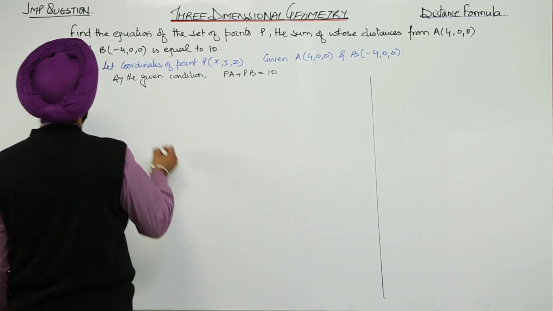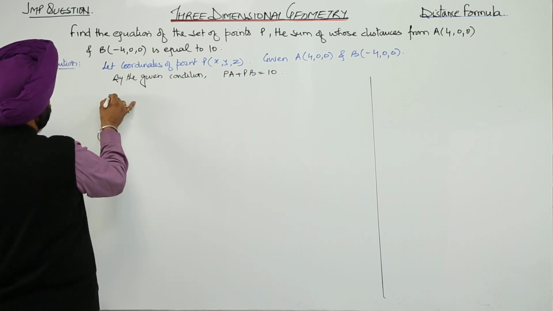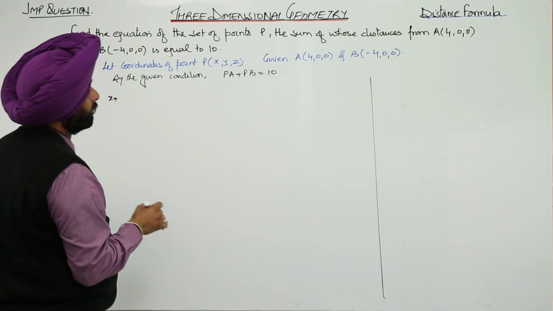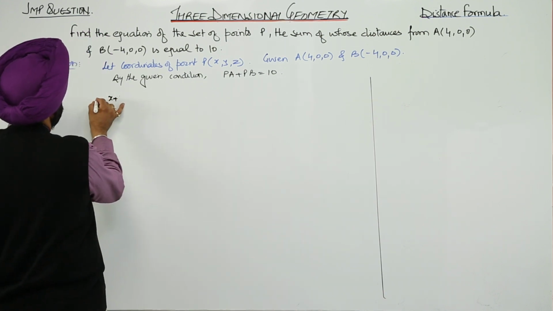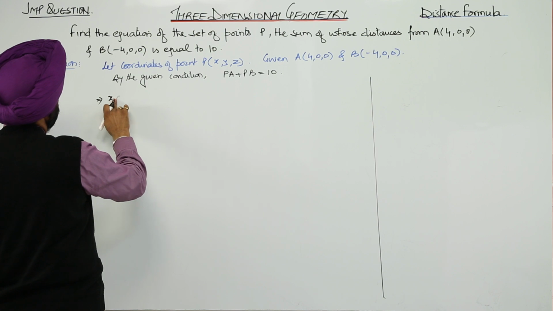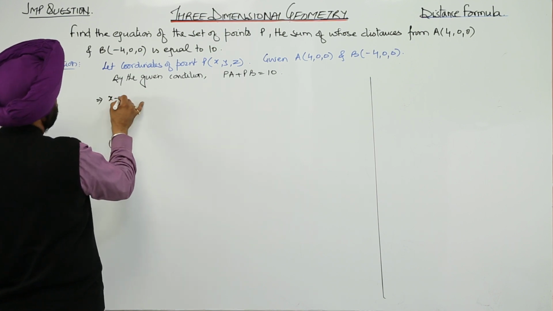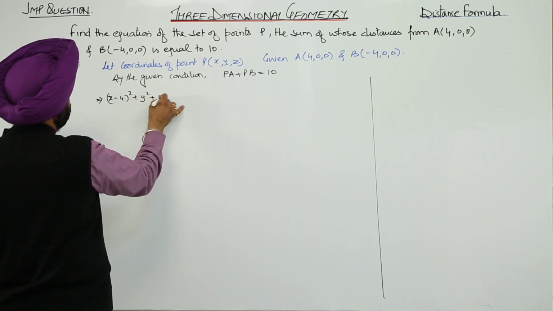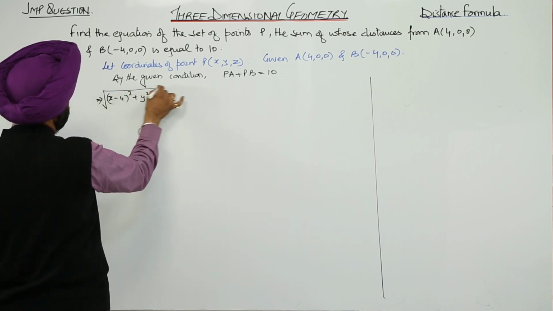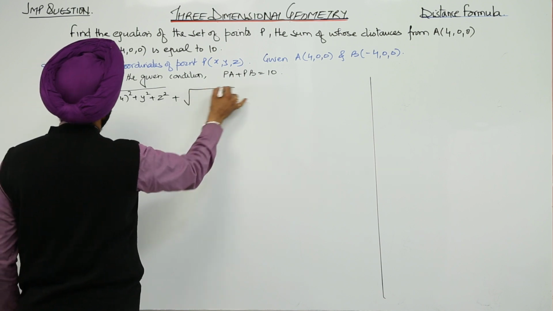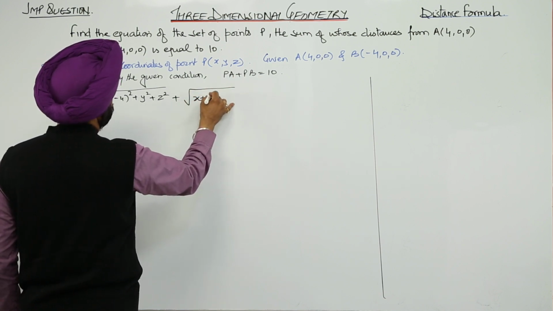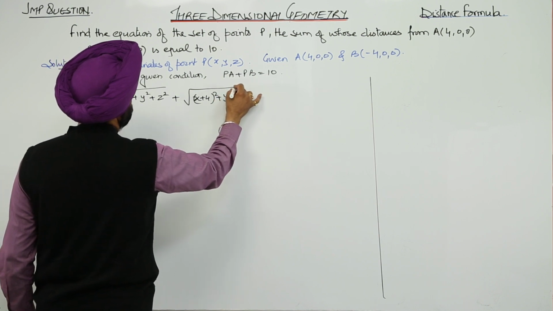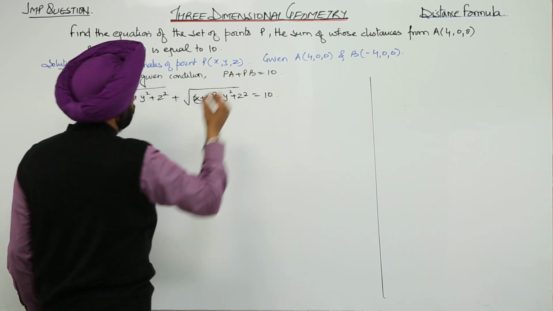Now using distance formula, we have the square root of (x minus 4) whole square plus y square plus z square, plus the square root of (x plus 4) whole square plus y square plus z square, is equal to 10.